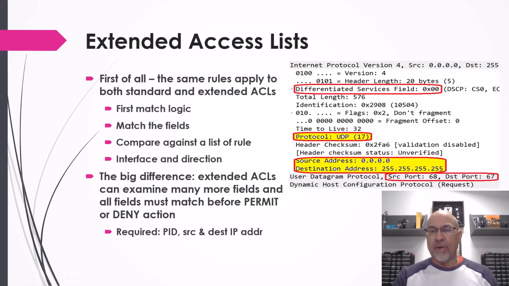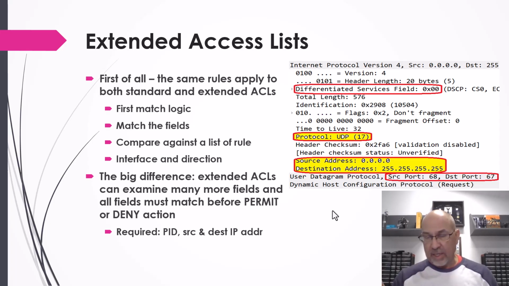We can see that we've got the source address field, and this is the one that standard ACLs were worried about. Now what we're going to add to this is the destination address, and then we've got this protocol field, or PID, the protocol ID. The ones in yellow here are highlighted because these are the ones that are required for extended access lists.